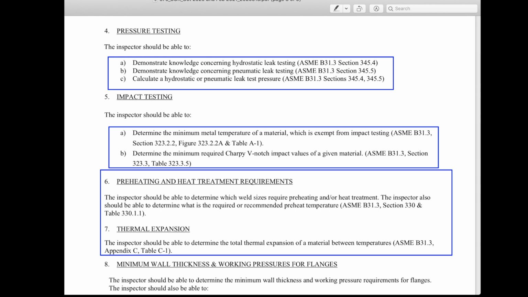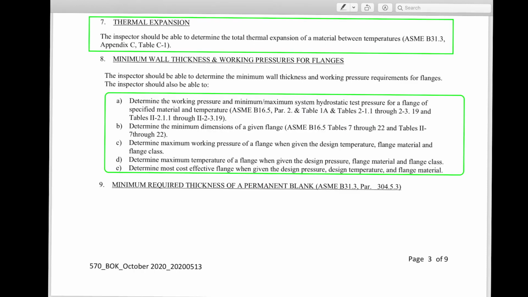And the next one is minimum wall thickness and working pressure for flanges. These are the calculations related to flanges. Determine the working pressure or the minimum or maximum system hydrostatic pressure for a flange of a specified material and so on. This I will discuss more in the ASME B16.5 session.